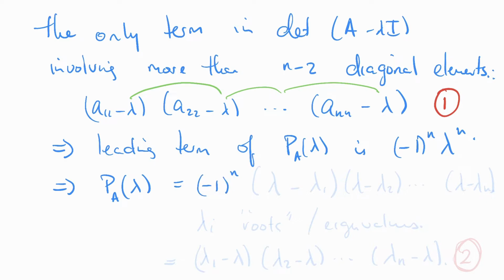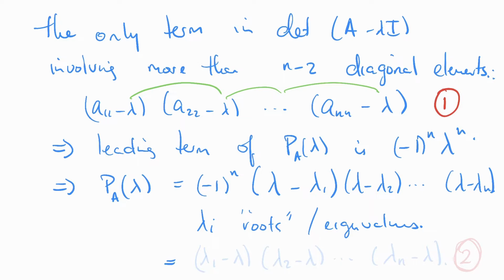It's going to have a (-1) to the n, and then it's going to be factored: (lambda minus lambda 1), (lambda minus lambda 2), all the way up to (lambda minus lambda n), where the lambda i are the roots, or the eigenvalues. This, if we distribute our negative signs, is going to be (lambda 1 minus lambda), (lambda 2 minus lambda), ... all the way up to (lambda n minus lambda). This we're going to call equation 2.